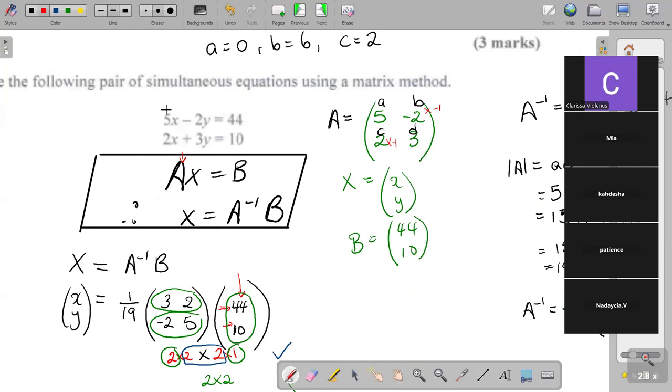So that should be 5, -2, 2 and 3. Let's make sure we do this step by step. Every time I ask you a question, you're going to put Y for yes and N for no. So everybody understand how to find A? Quickly, Y or N.